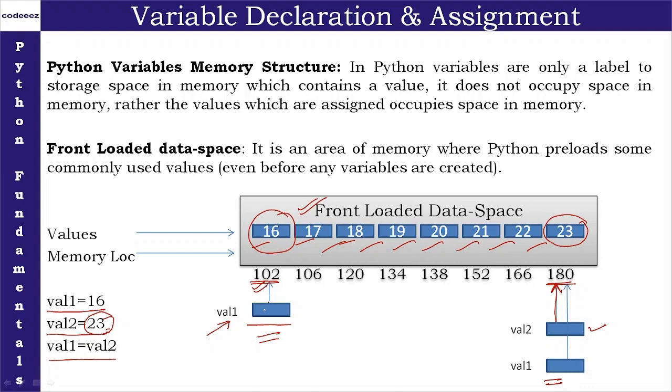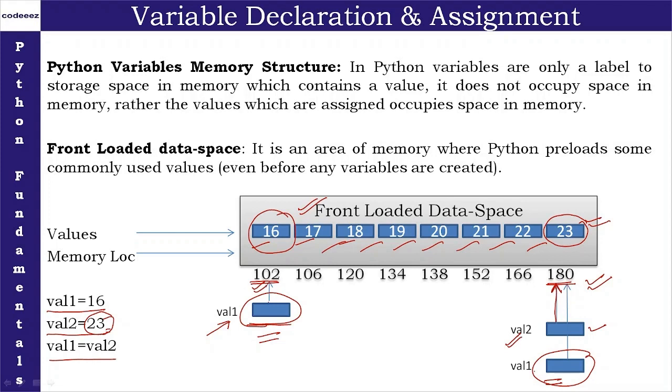Here the value of val1 will not change. Instead, val1 will now start pointing to location 180, which has the value 23 in it, instead of pointing to 102. See here, val1 is now pointing to the same location that is pointed to by val2, that is 180.